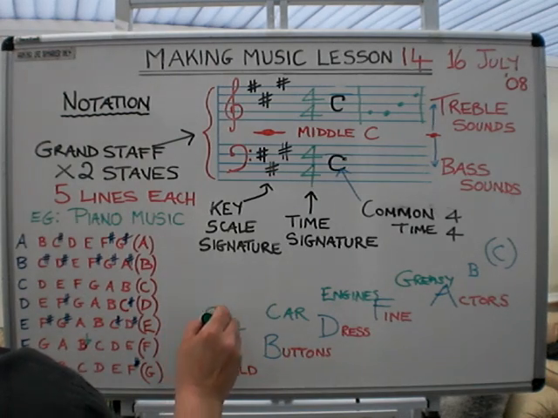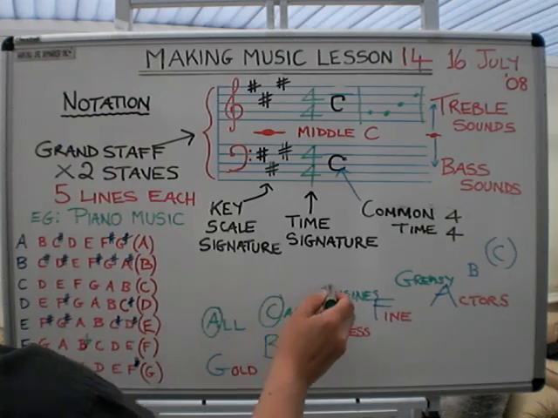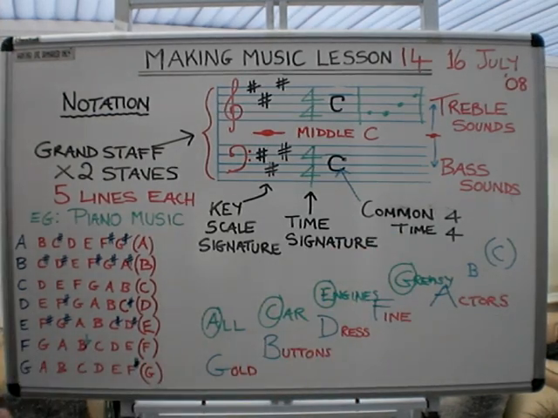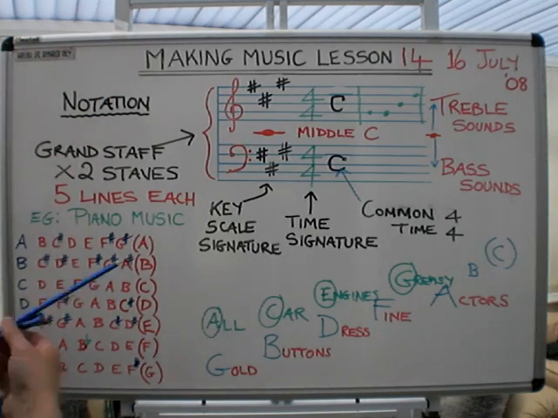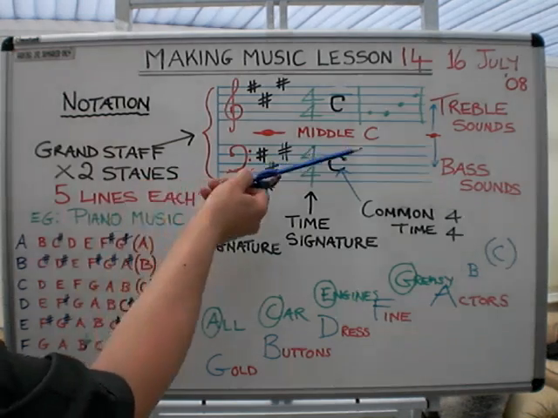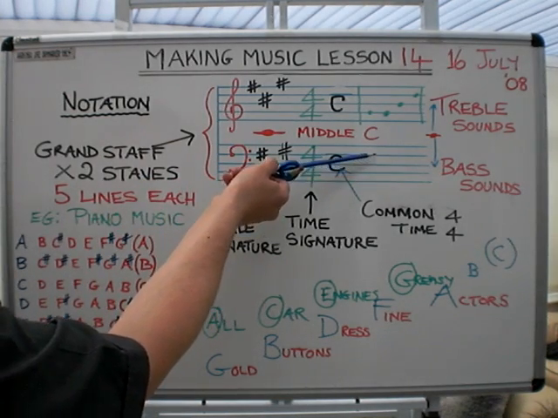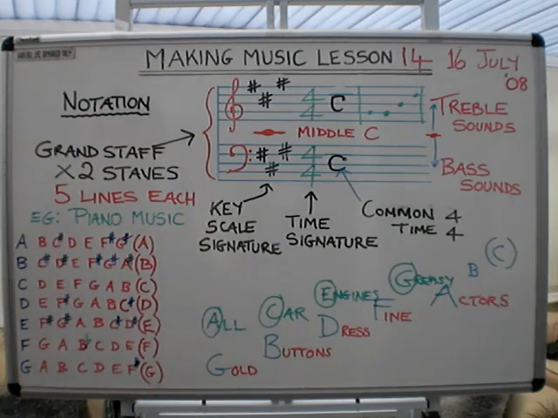Of course, we're just after the A, we're just after the C, we're just after the E, we're just after the G. So in between the lines here, well, let's go over here, look. All car engines greaser. I could write it in, but it may be a struggle.